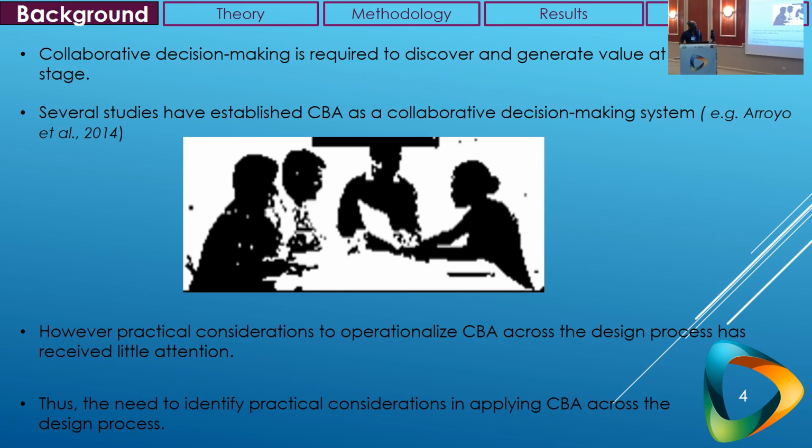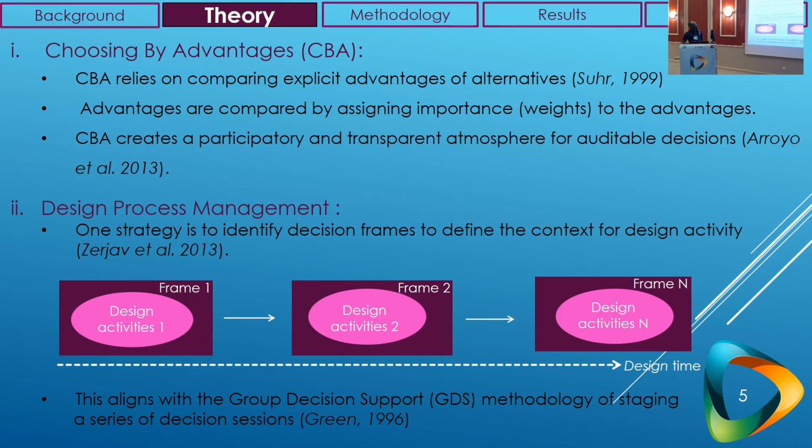And from theory, CBA has established as a possible collaborative decision-making system in design. However, little attention has been paid to operationalizing CBA across the entire spectrum of design process, and that is what we sought to look at.